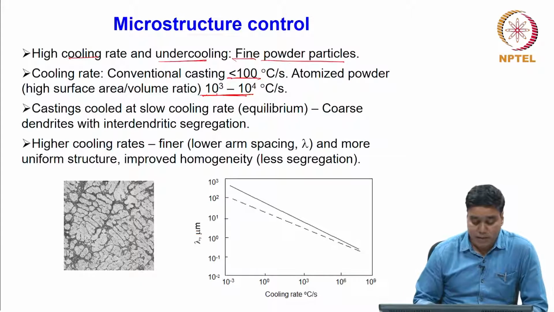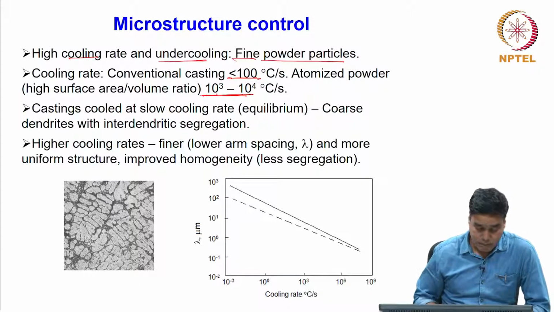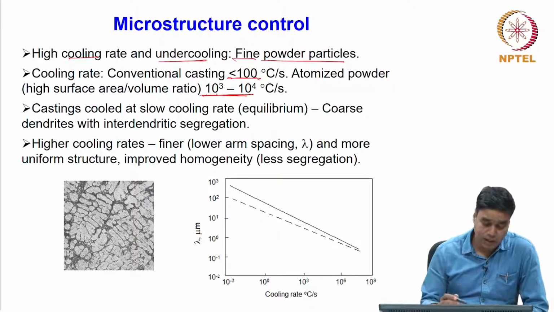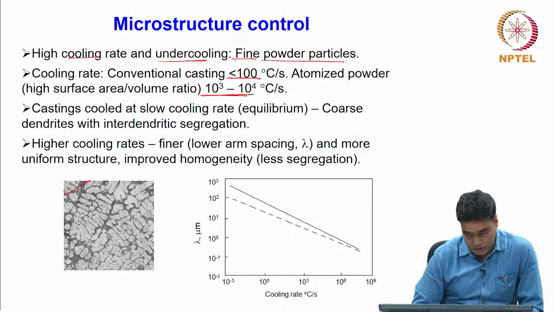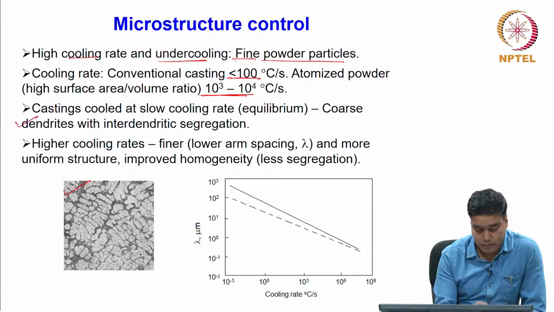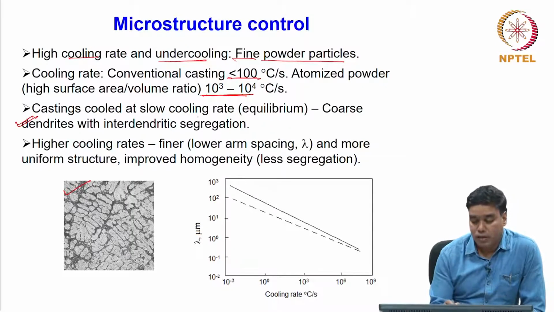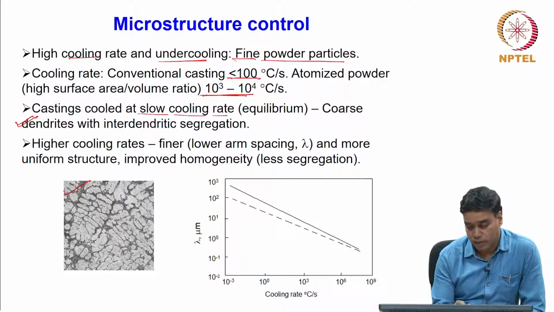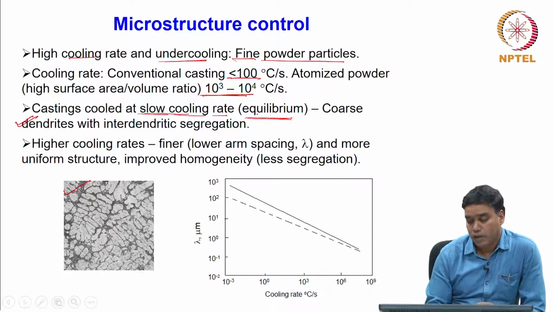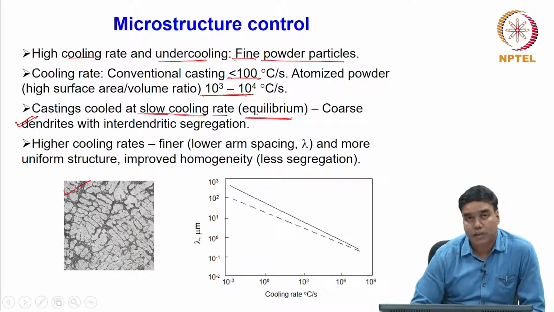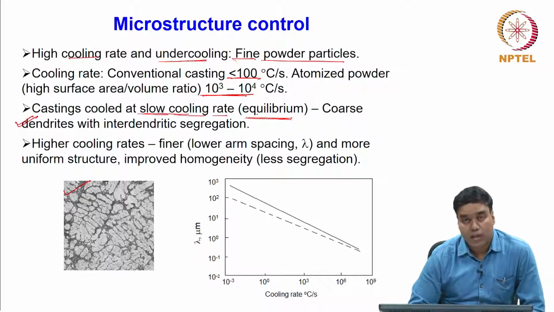And as far as the microstructural features are concerned, we have seen that you get this kind of dendritic structure or these dendrites when the cooling rate is low, like what you get in equilibrium conditions, which generally prevail in conventional casting processes. Okay.